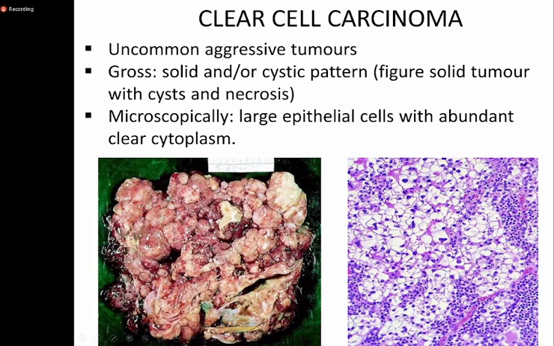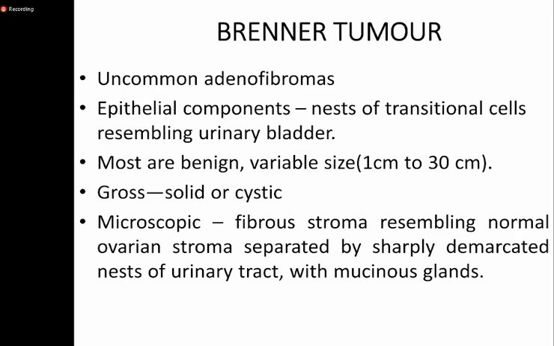The fifth example in that group of surface epithelial tumors is the Brenner tumor. They are uncommon, and we group them as adenofibromas because they comprise both a glandular component and a stromal component. So they're true adenofibromas, a mixed tumor.